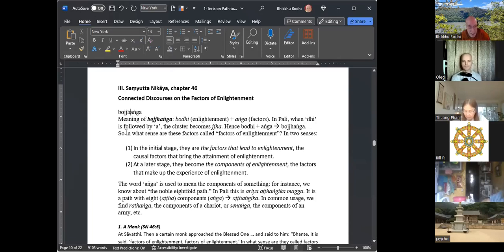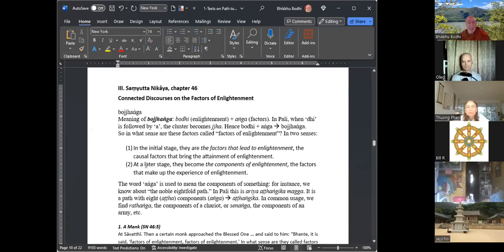So in what sense are these factors called bojjhanga, or factors of enlightenment? I think we could say in 2 senses they're called factors of enlightenment. In the first, this is in the stage of actual practice, they are the factors that lead to enlightenment, the factors that bring the attainment of enlightenment.